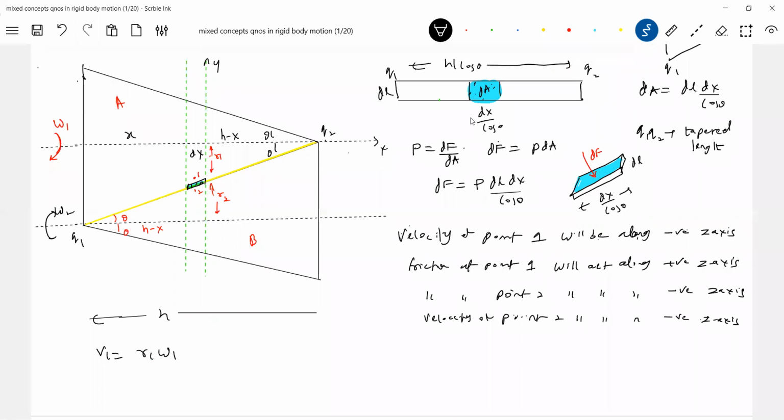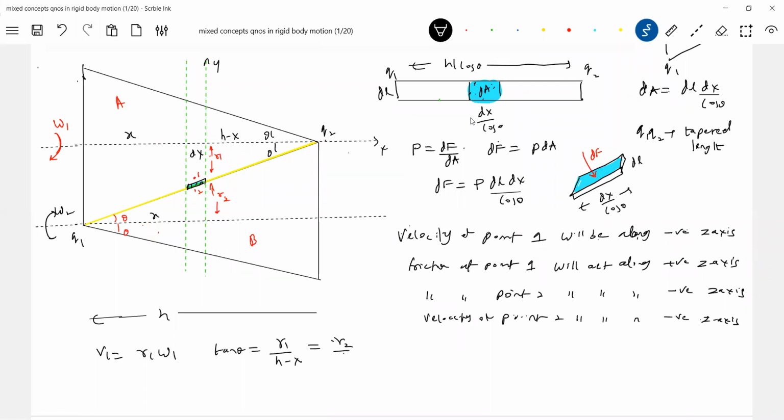Can we define it? I think we have tan theta. Tan theta equals R1 by H minus X. And also looking at this lower triangle, tan theta equals R2 by X. Sorry, this should be X, no?